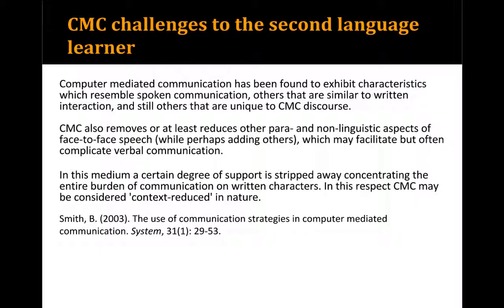It's difficult, of course, to effectively understand written text, because you don't have the nuances that are there in the spoken language. There's not the help that's given when you say something and somebody looks at you quizzically, shakes their head and says, "What are you talking about?" It's very difficult to replicate that in written text. If you want to read more about that, you can have a look at the article in Smith there.